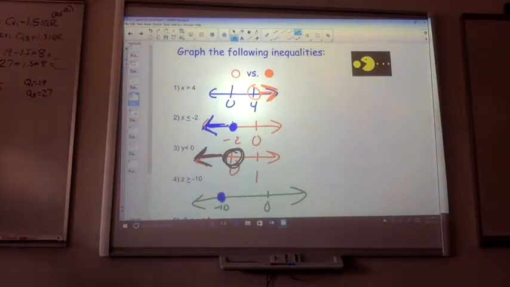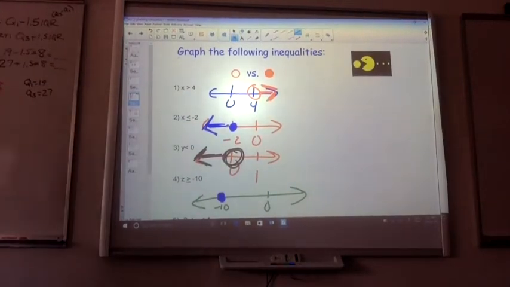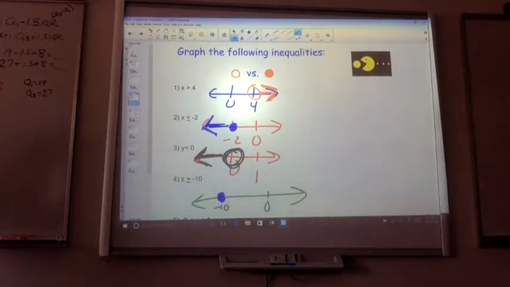Okay? I want values that are larger. I want values that are greater than -10. So greater than -10 would be like -9 and -8, -7, -6, -5, -4, -3, -2, -1, 0, 1, 2, 3, 4, 5, 6, 7, 8, 9, 10. So do I shade to the right or to the left?